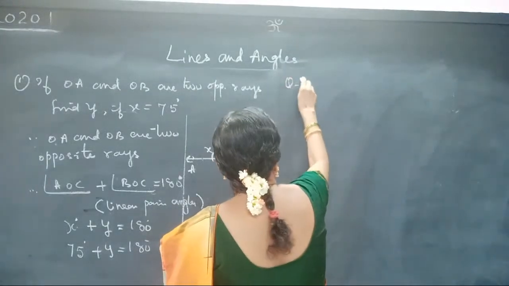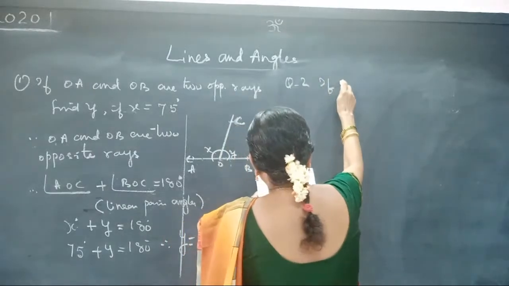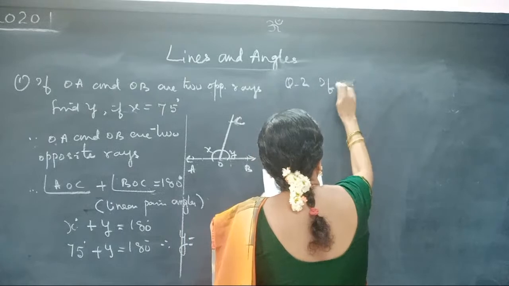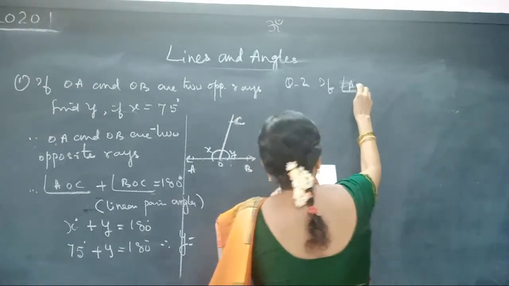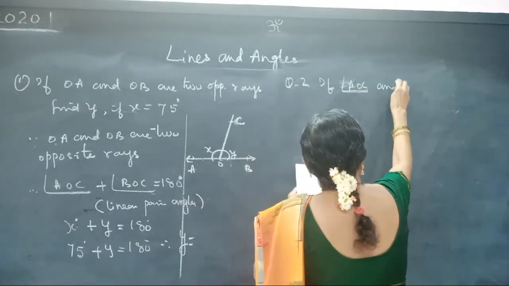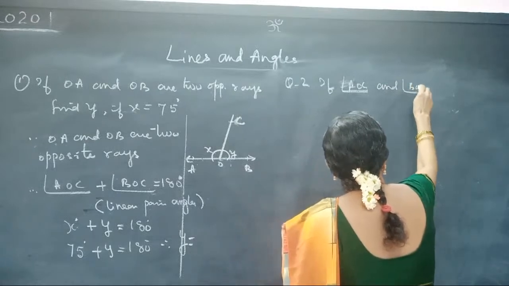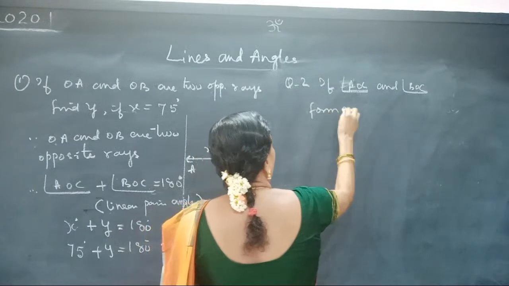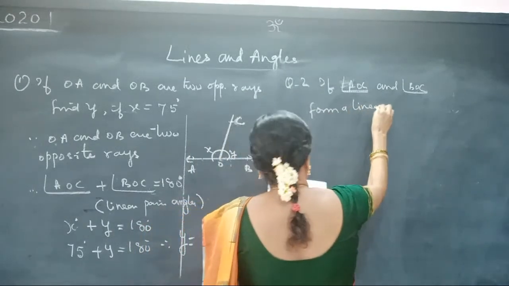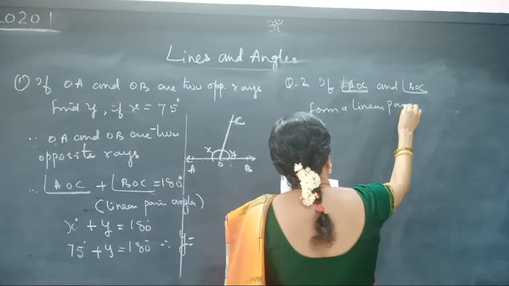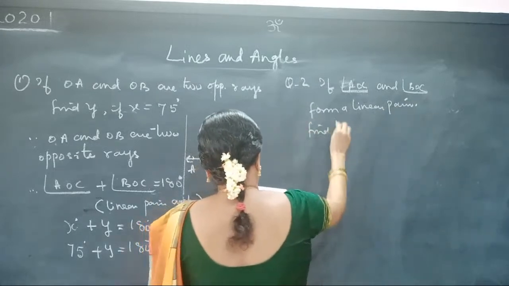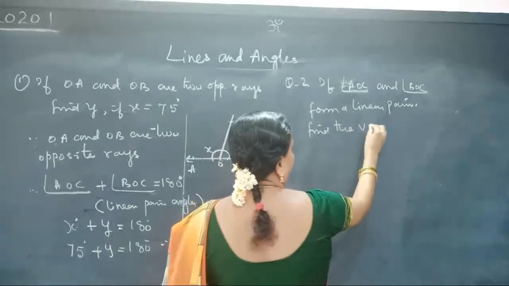Question number 2. If angle AOC and angle BOC form a linear pair, find the value of x.